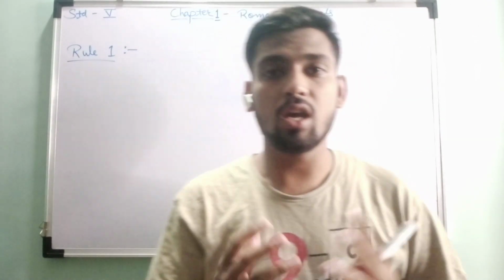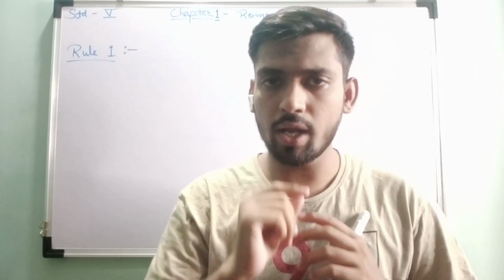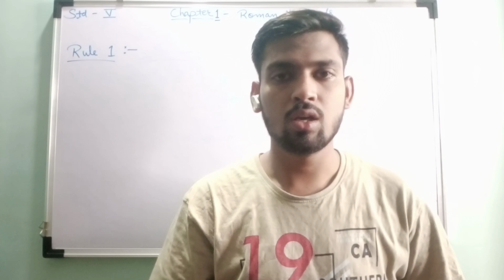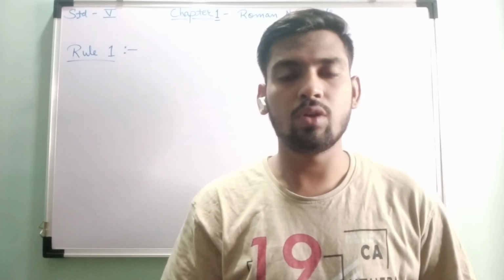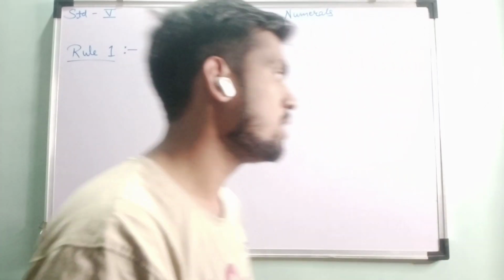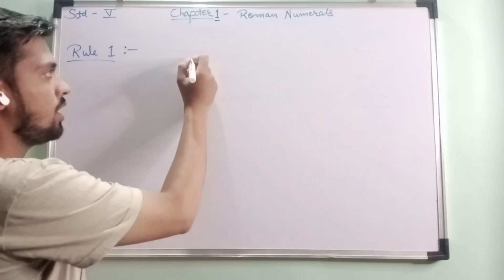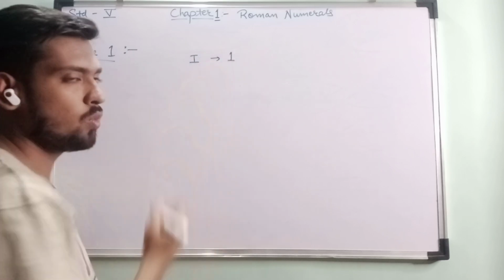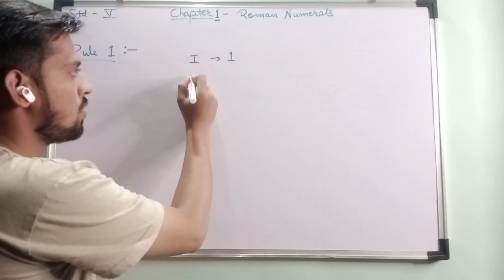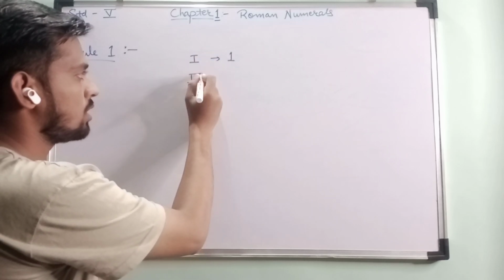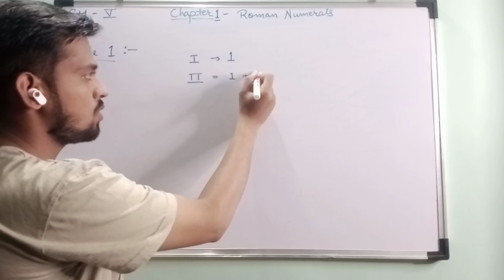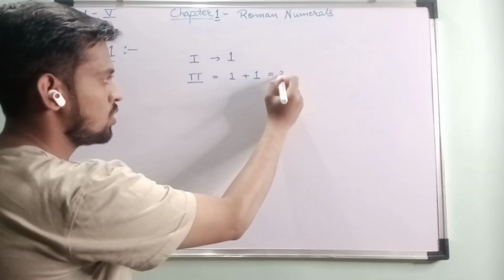Rule number 1 is that if I or X is written consecutively 2 or 3 times, then the sum total will be the number they make. For example, if I write I 1 time, it equals 1. If I write I consecutively 2 times, then the number they make is 1 plus 1, which equals 2.